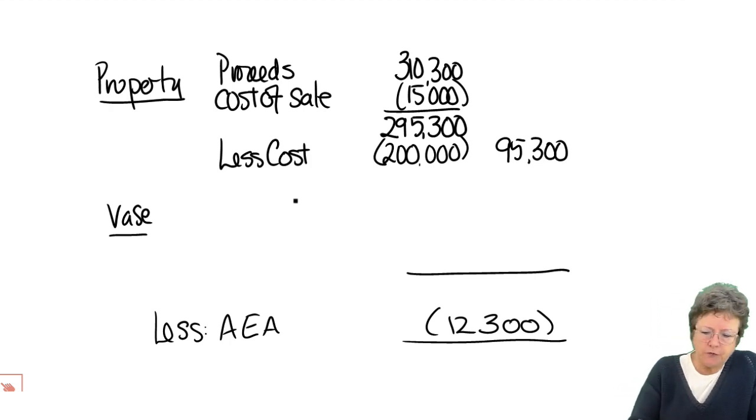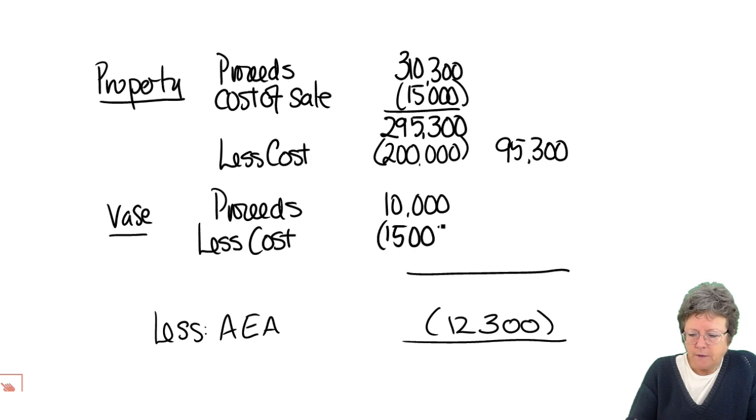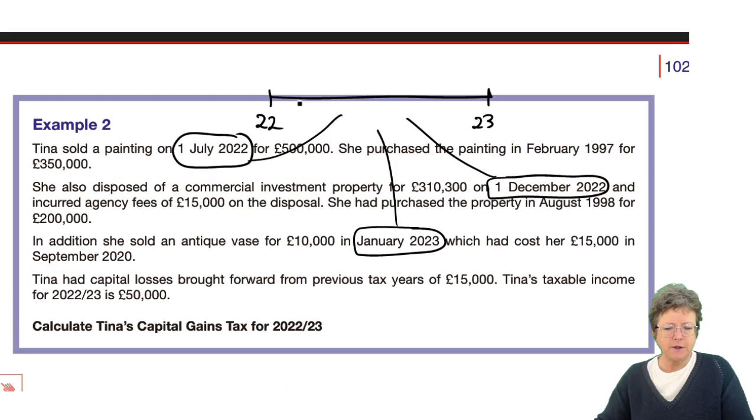Now the vase, proceeds 10,000 less cost 15,000. Ooh, that is a loss. So do you remember in the notes? Let me just go back to these notes and show you.